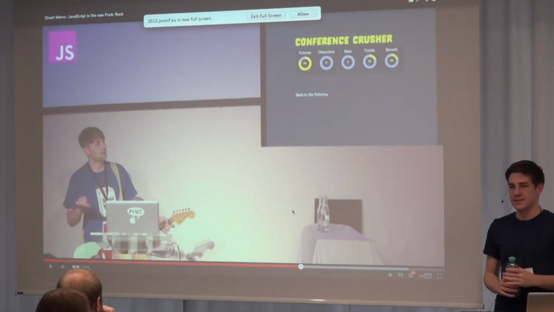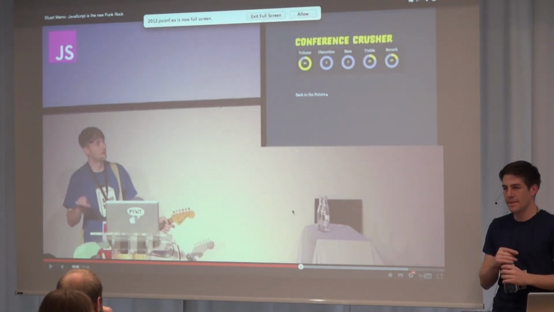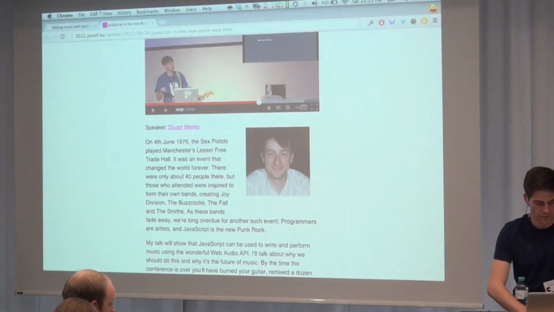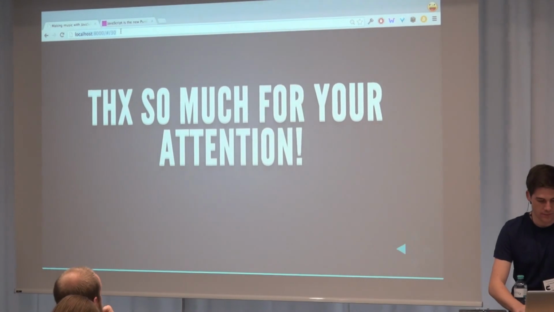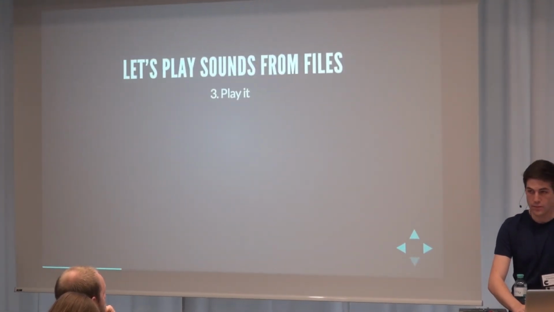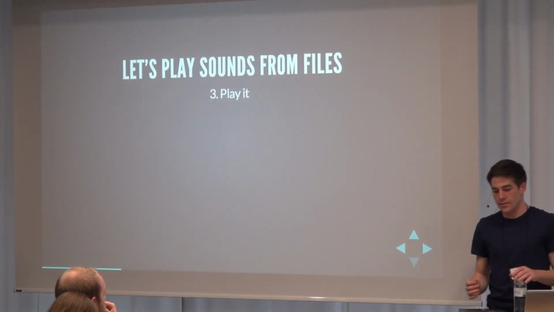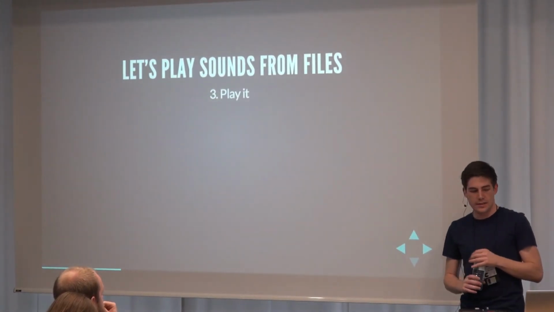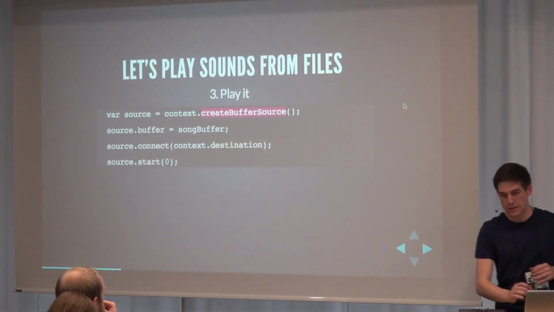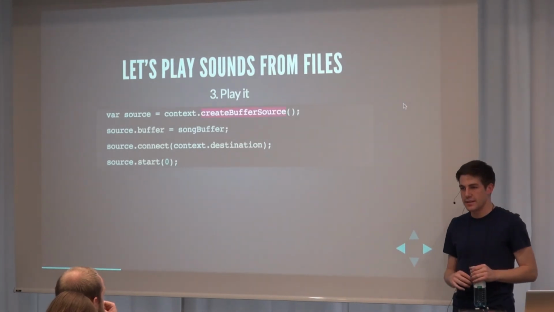In the beginning, when you were playing the song, does that song play as it is downloaded, or do you have to download all of it beforehand? There are some nodes, like what I was using here is the buffer source, and there's basically a streaming buffer source that can do that.